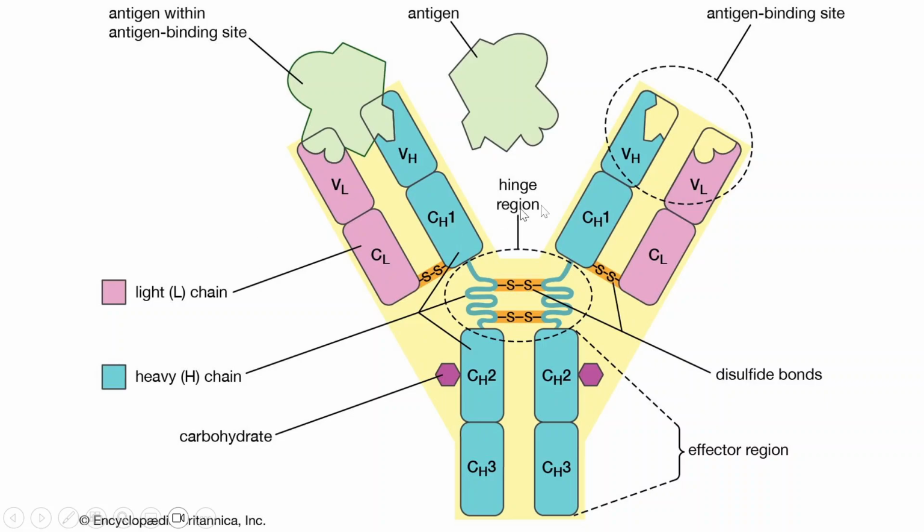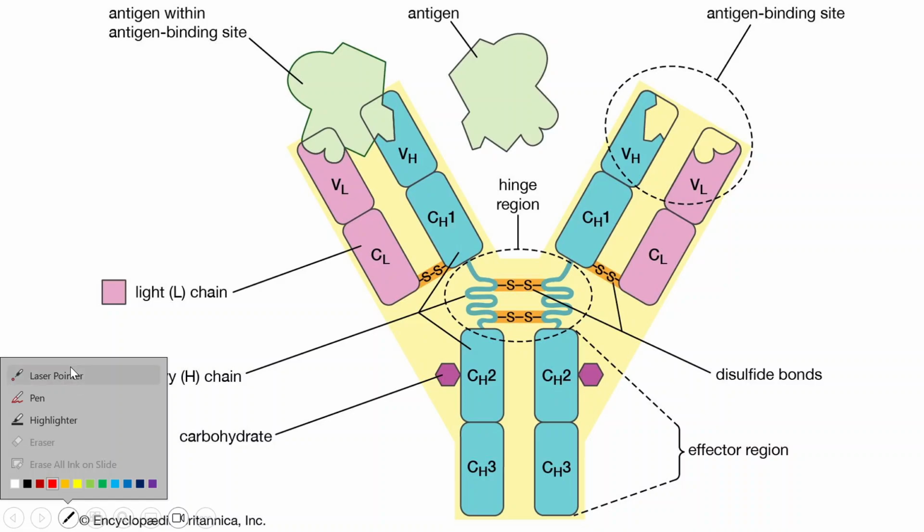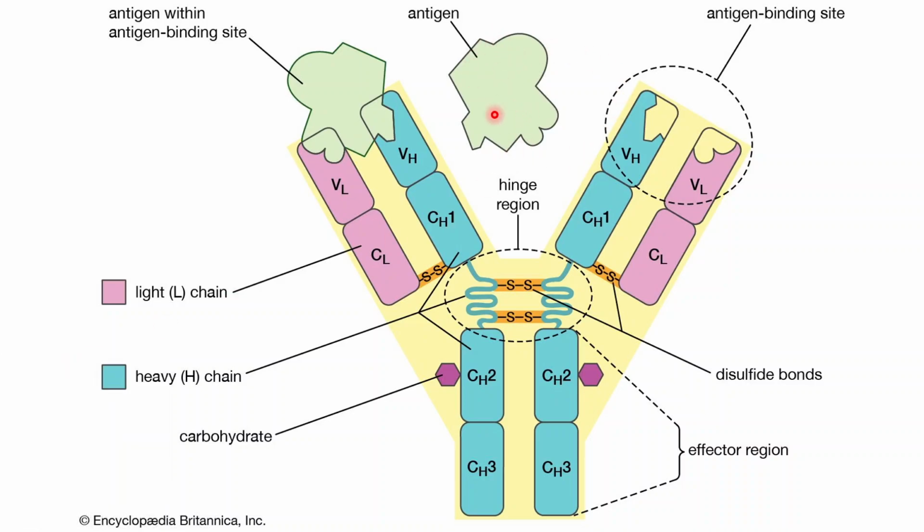So here you have the antigen. In the Y-shaped structure, we have 2 heavy chains, the ones shown in blue color. These are the heavy chains, and then 2 light chains associated with the heavy chain through these disulfide bonds.